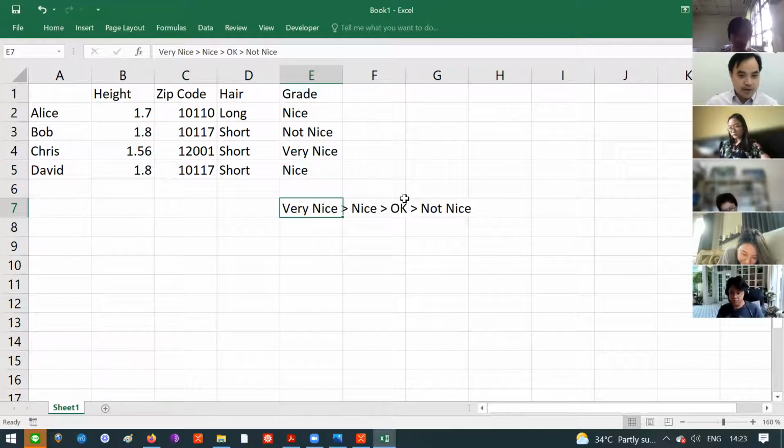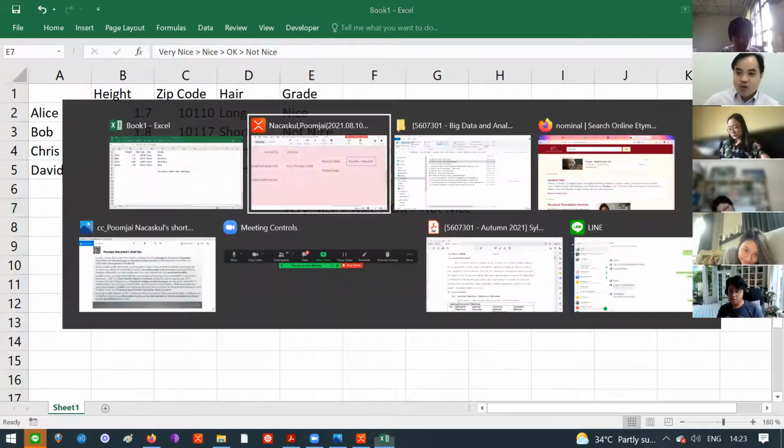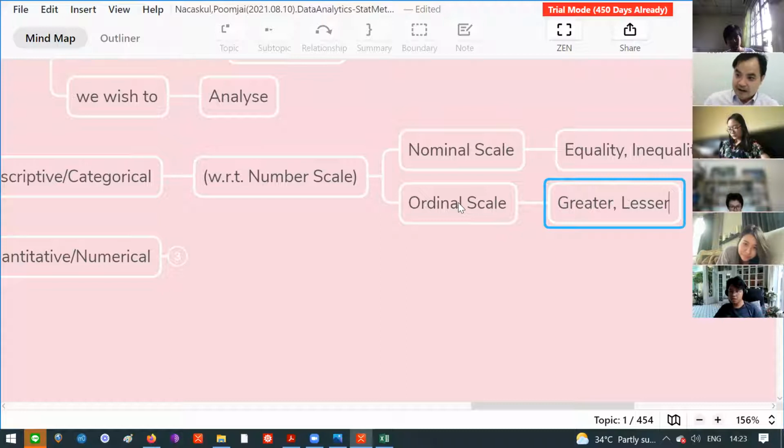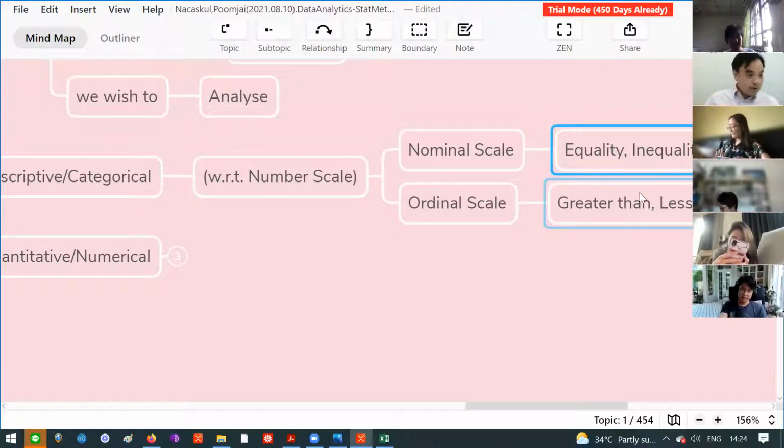You can do this, but what you cannot do is measure the difference. So all you can do is greater than and lesser than, right?